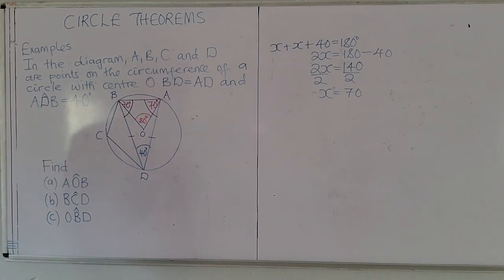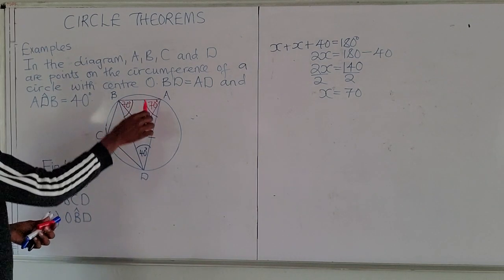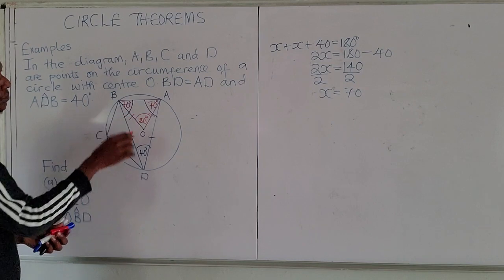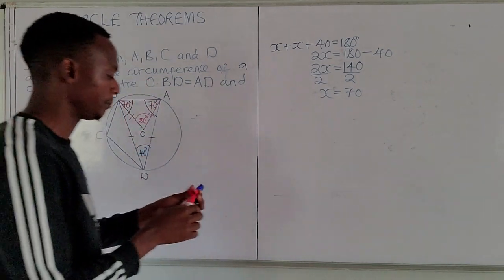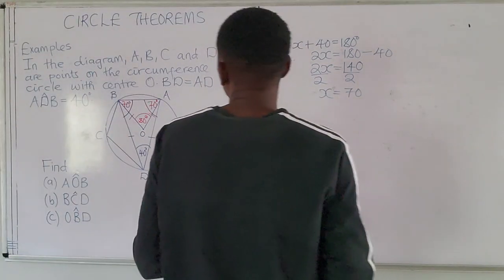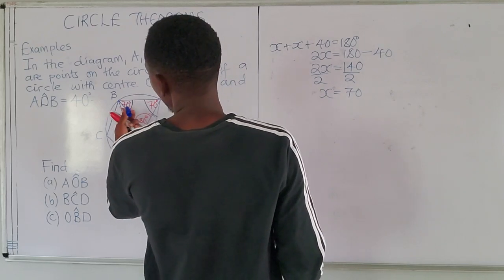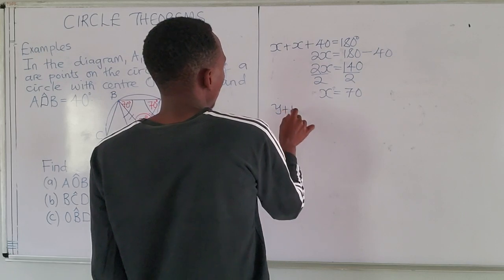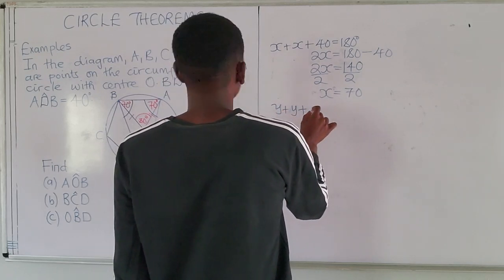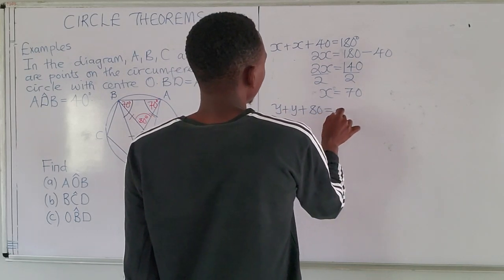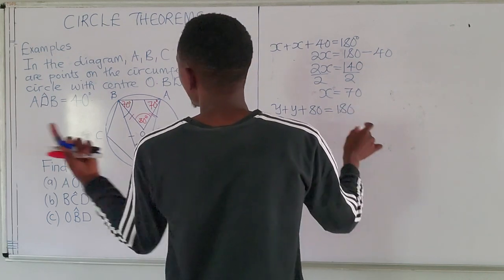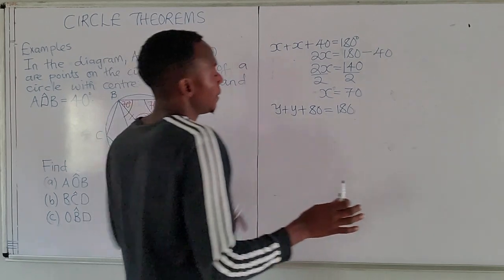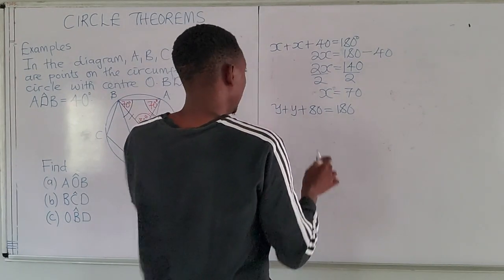So now what do we do? AO is a radius and BO is also a radius, meaning their base angles must be the same. So I will assume this angle inside here is y. So y plus y plus 80 must give us 180, because angles in a triangle add up to 180.